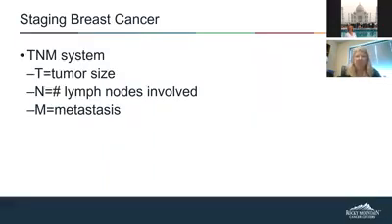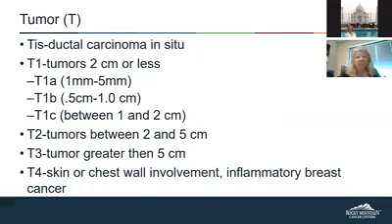When we're staging breast cancer, we use what we call the TNM system. T stands for tumor size, N stands for the number of lymph nodes involved, and M stands for whether or not there's any distant metastasis. So did the cancer go to the bone or the lung or the liver? Any metastasis outside of the breast and the regional lymph nodes. This is getting a little complicated, but let me just try to do an overview for you here.